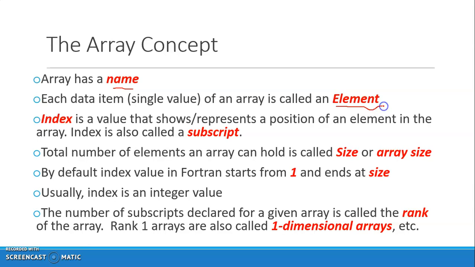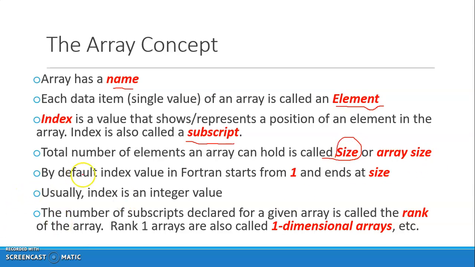So we can have maybe 10 integers, then we say our array has got 10 elements. And the index is what represents a position of an element, and is also called a subscript, as I said.